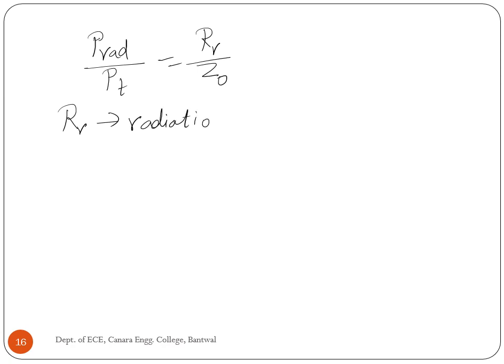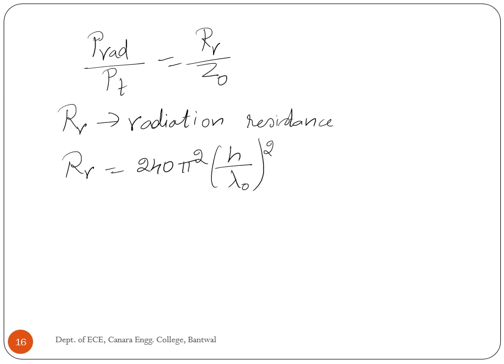So, P radiation divided by Pt is equal to Rr divided by Z naught, where R is the radiation resistance of an open circuited microstrip and is given by 240 pi square S divided by lambda naught square into F of epsilon Re.